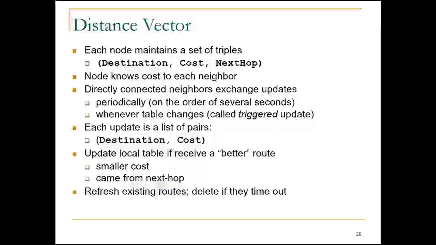Updates are made to local tables if received with a better route, which in this case means the smallest cost, and if they come from the next hop involved in that transmission. Then there's a refresh of existing routes, which are deleted if they time out.